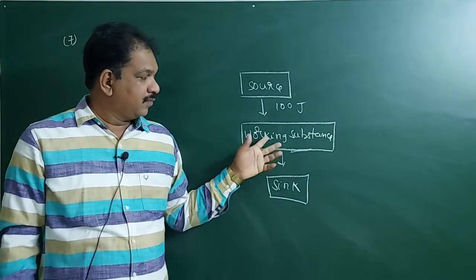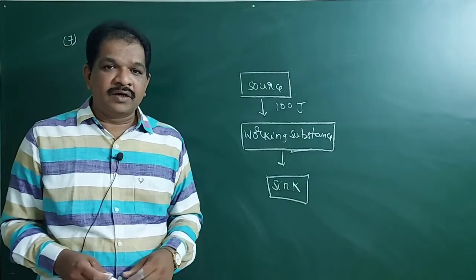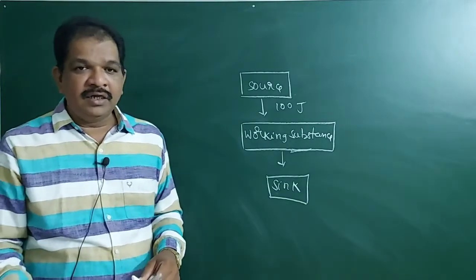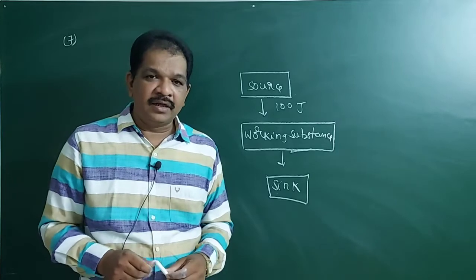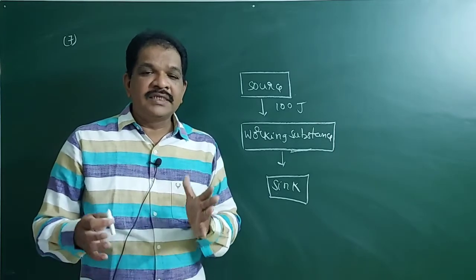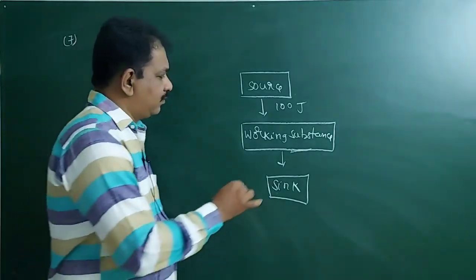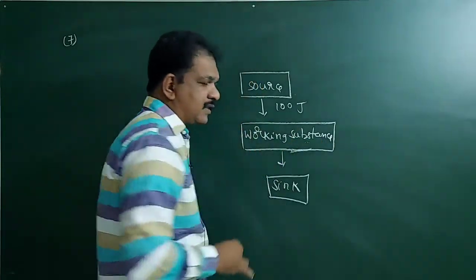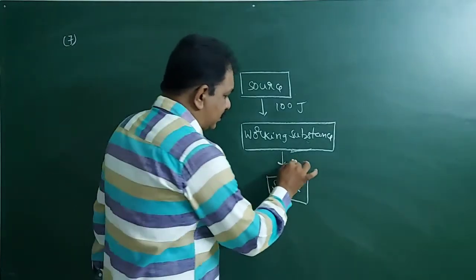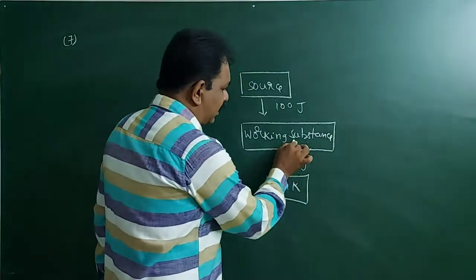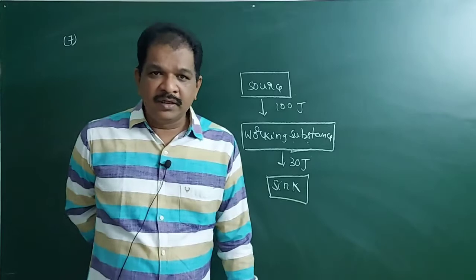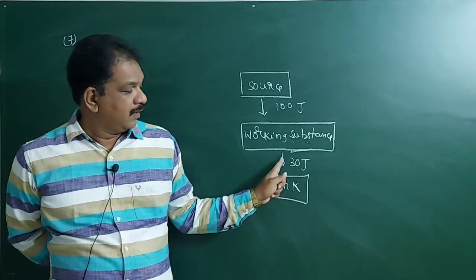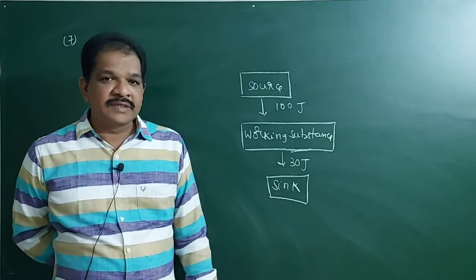The engine won't convert total heat energy into mechanical energy. Only some portion it will convert, so some 70 joules is converted. The remaining 30 joules, which it cannot convert into mechanical work, will be given to the sink.